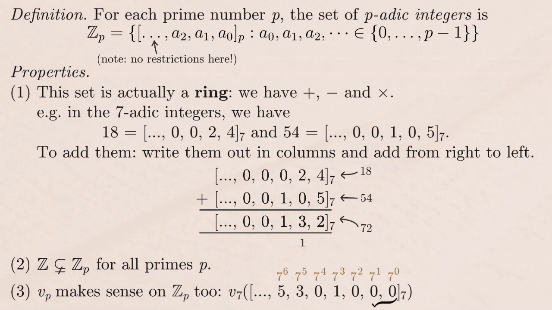The first non-zero digit here is in the 7 cubed's column, which means that 7 divides this number exactly 3 times. So the 7-adic valuation here is 3. Notice that every p-adic integer has a p-valuation that's an integer, which is at least 0, and the only thing that has infinite p-valuation is the number 0 written as a p-adic integer, which is a string of all zeros.